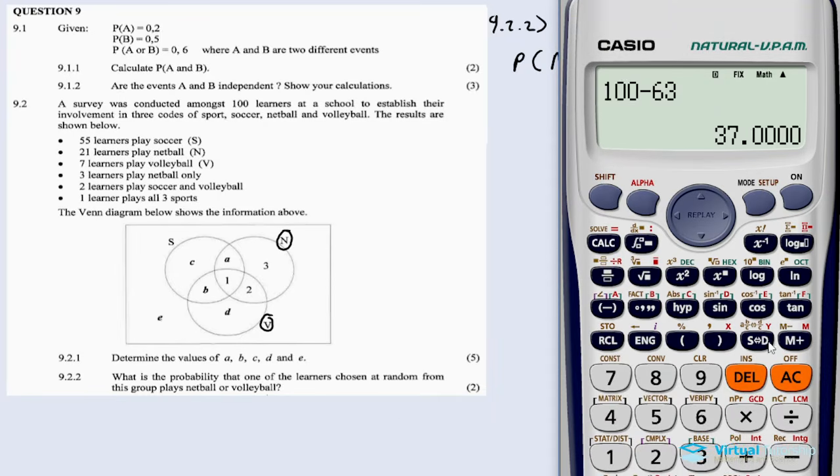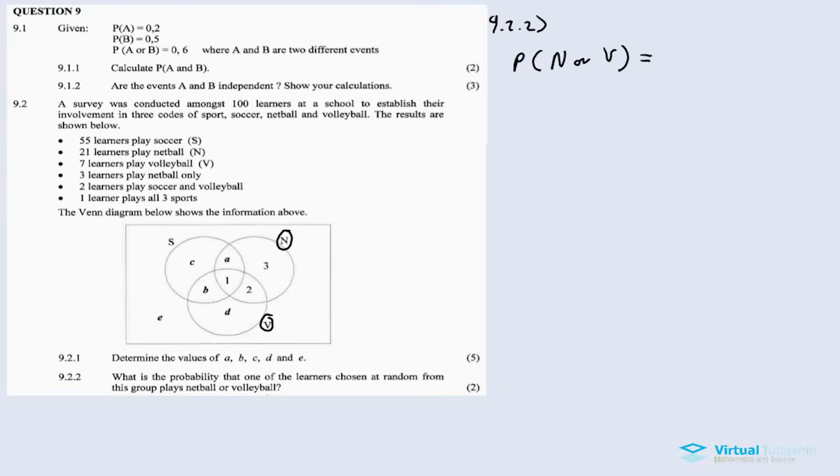So this one is 15, plus 1 plus 2 plus 3 is equal to 21, plus 4 with the calculator, so it's equal to 25. So it's going to be 25 divided by 100, right?